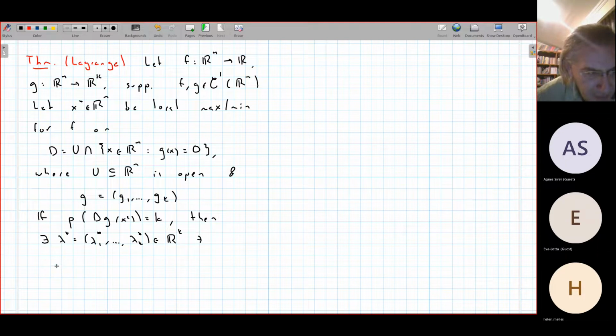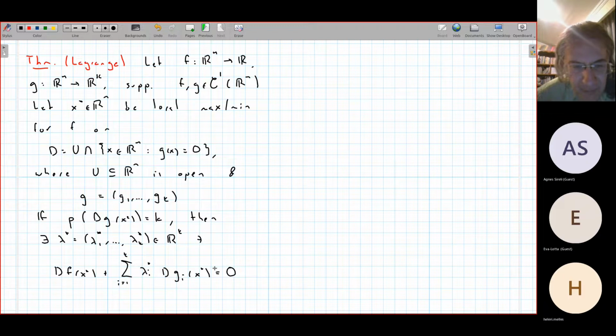With the property that the derivative of f at x star plus the sum of lambda i star, from i equal 1 to k, of the derivative of gi at x star, is equal to 0.